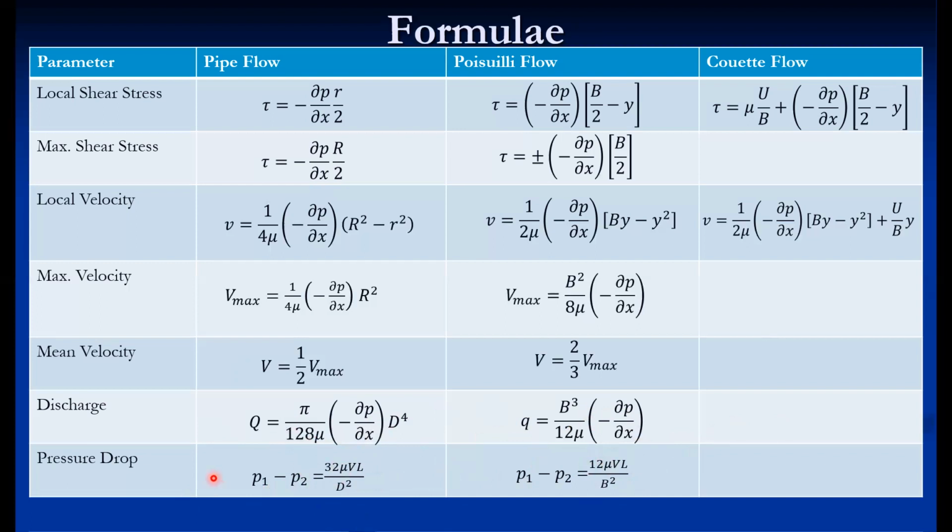So actually we have to memorize only 4 expressions, and based on these we can develop other expressions. For example, local shear stress, local velocity, then mean velocity in terms of maximum velocity, and the pressure drop equations. So remember, while solving problems, we have to utilize only these 4 expressions.